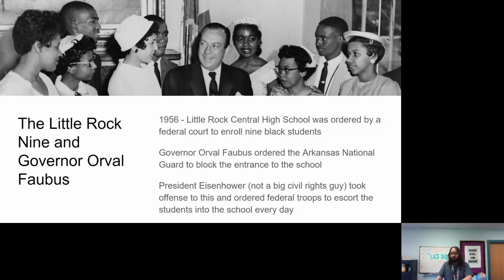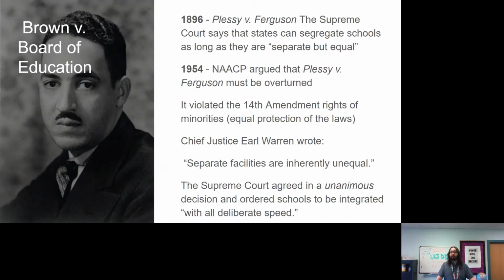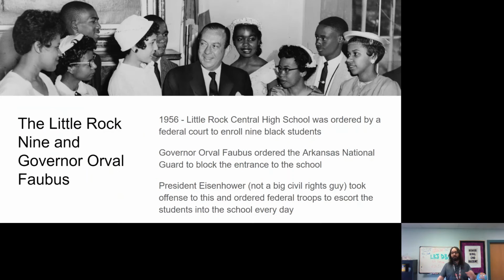Another education incident we have is in 1956. Now remember, 1954, NAACP says you have to get your schools desegregated. You have to integrate with all deliberate speed. 1956, 2 years later, Little Rock Central High School, Little Rock, Arkansas, is ordered by a federal court to enroll these 9 black students.